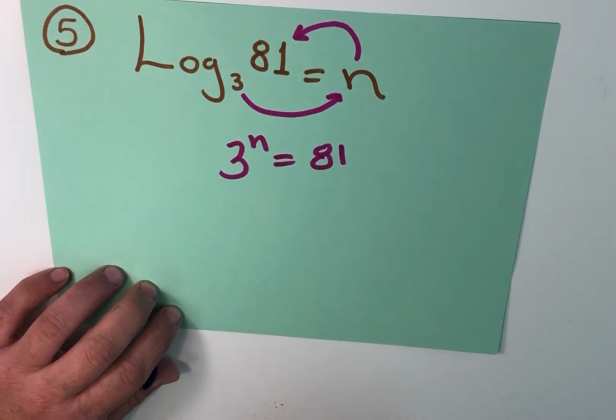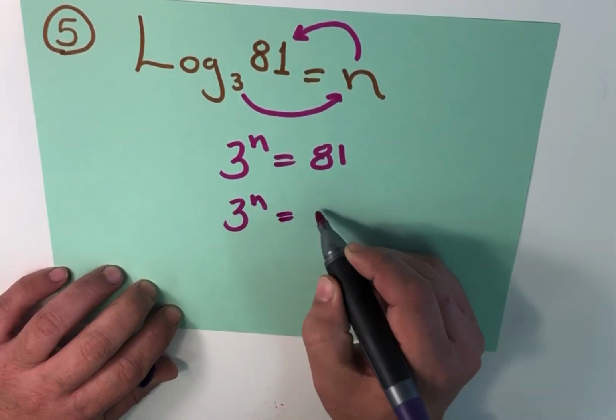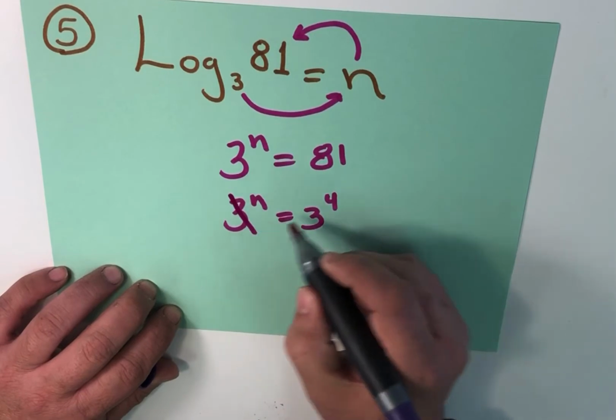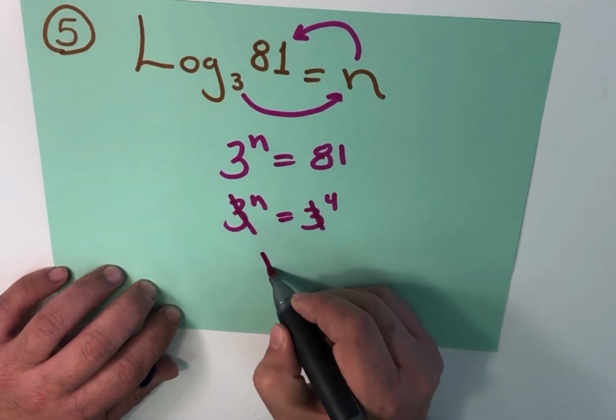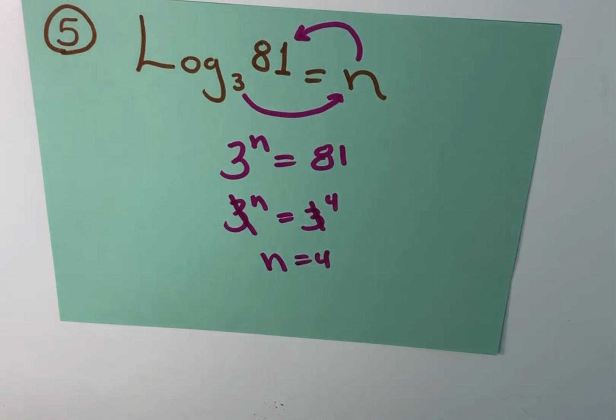Now we need to make this equation a 1-to-1. So I'm going to find a common base for both sides. This is 3 to the n is equal to 3 to the 4th power. Oh my goodness, it's now 1-to-1. So I can cancel my bases, and therefore my exponents are equal. So n is equal to 4.